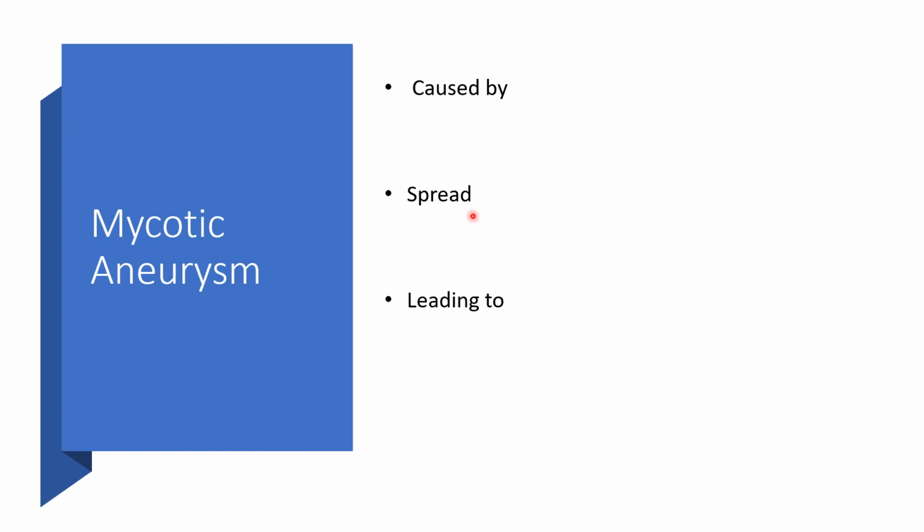It is going to spread through the blood, that is hematogenous spread. And this could lead to dilatation of the affected arterial wall. It's going to resemble a fleshy fungus.